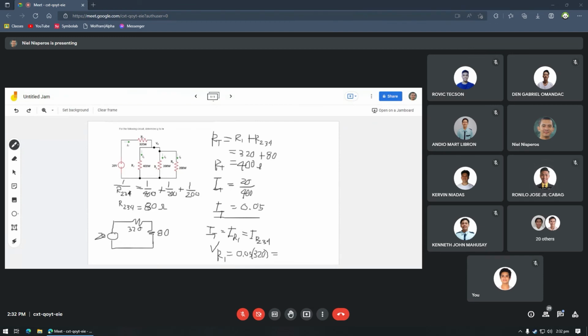Only 16 volts? Yes, sir, 16 volts. Okay. So this is the voltage across R1.